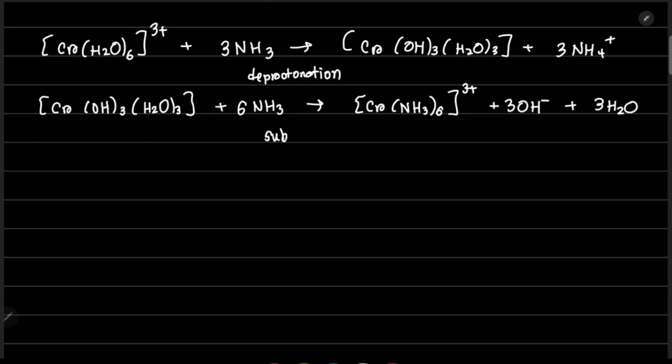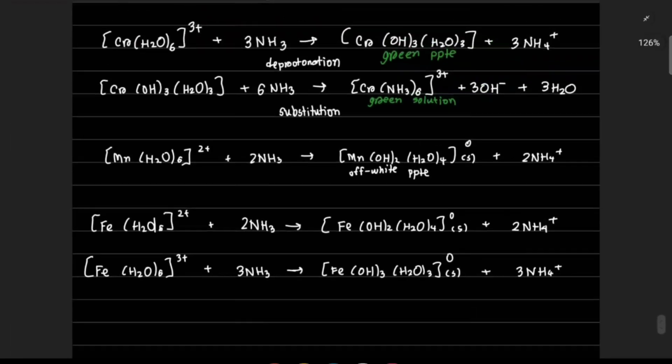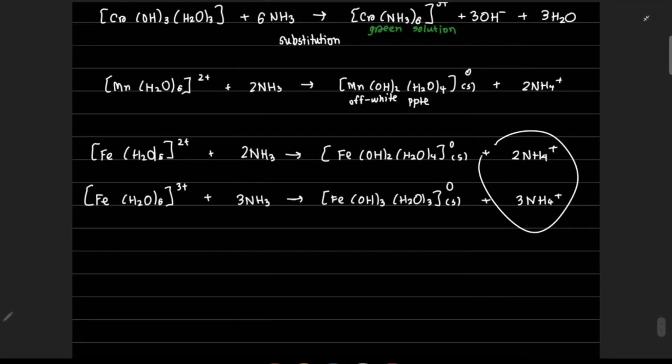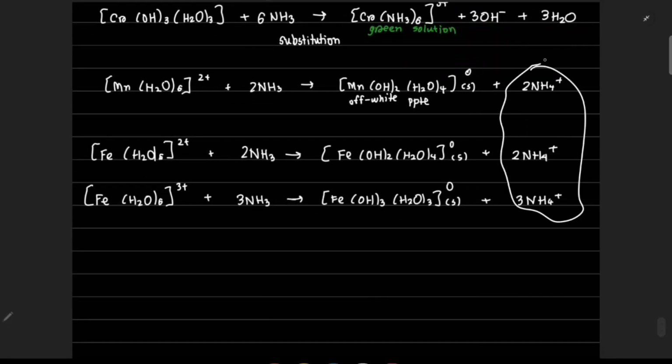This is a substitution reaction. The color of this is already green, we know that. This is a green precipitate. This over here will be a green solution. So these are the ones that will be the same. We just have a change in this product over here.